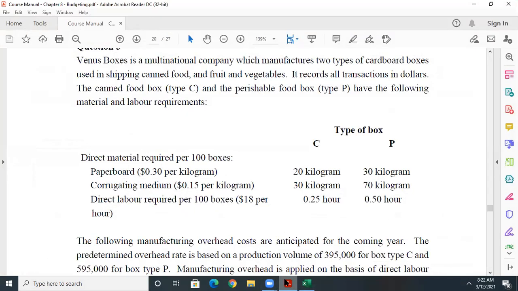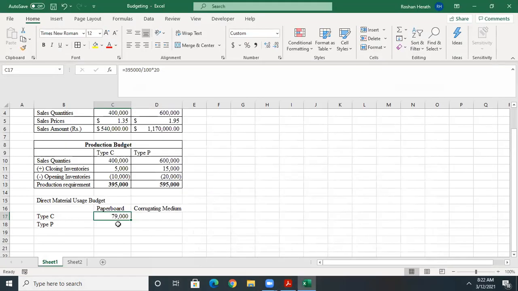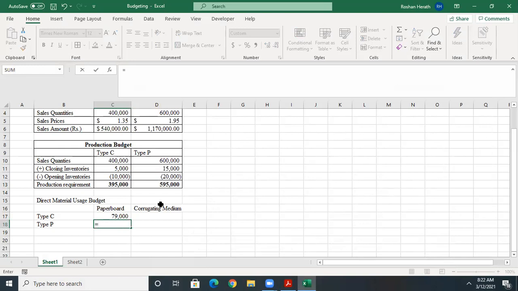Similarly, if you take the other one, type P, it takes 30 kilograms. It's 595,000 divided by 100 multiplied by 30, which takes 178,500 kilograms of material.